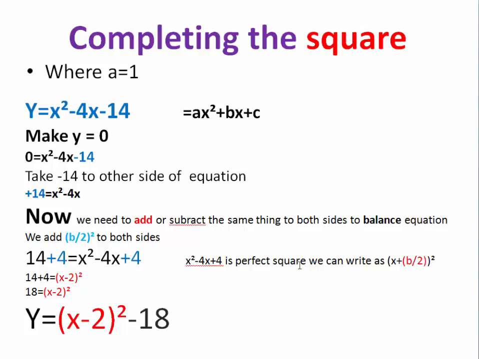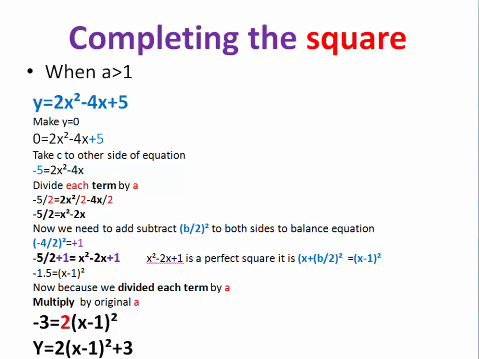So this perfect square is x minus 2 squared. And 14 plus 4 is 18, so 18 equals x minus 2 squared, so y equals x minus 2 squared minus 18.